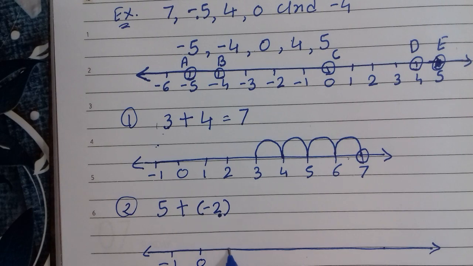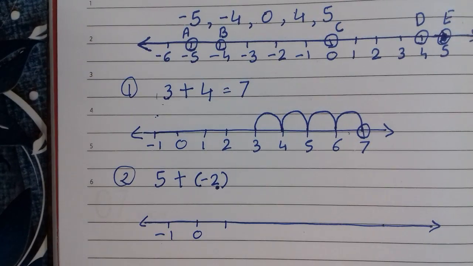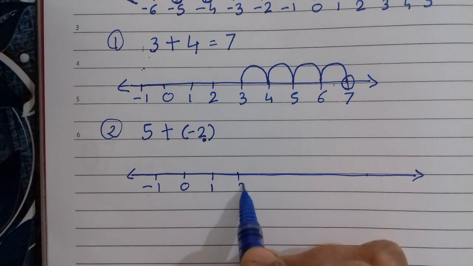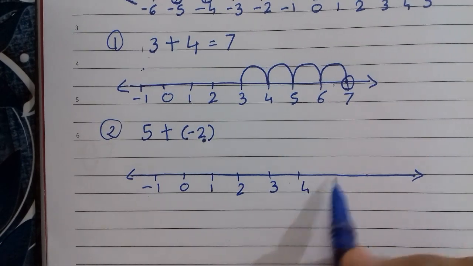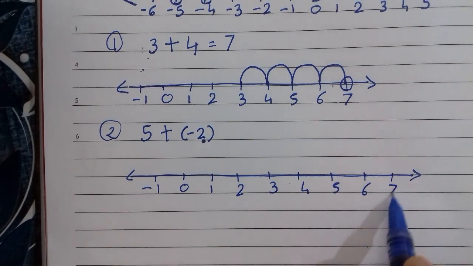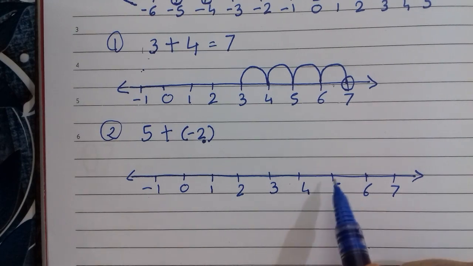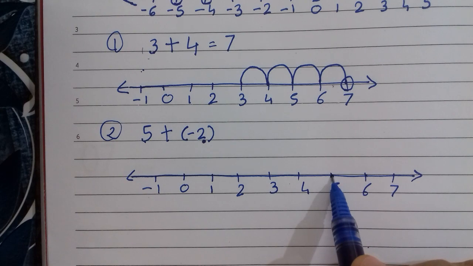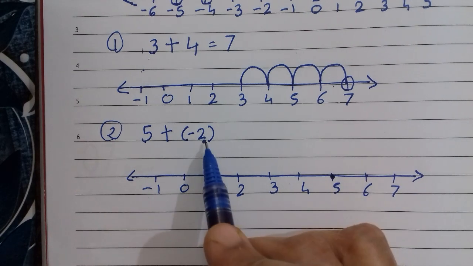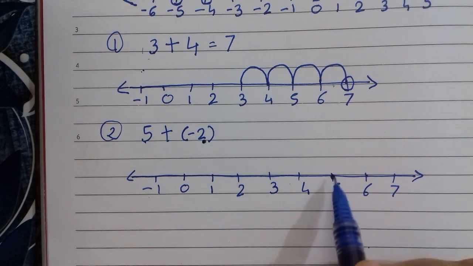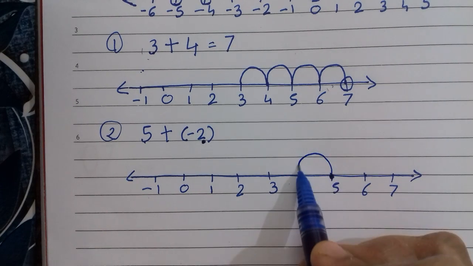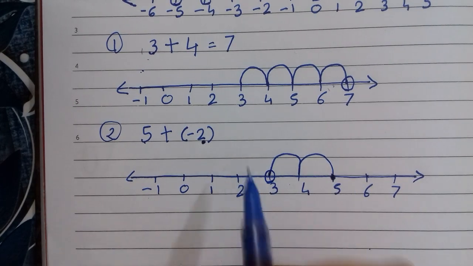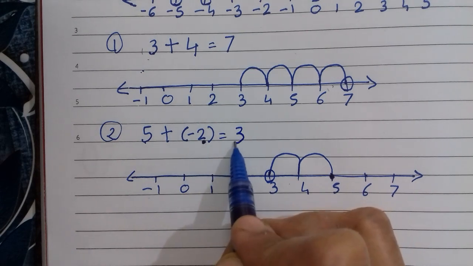Minus 1, 0, 1, 2, 3, 4, 5, 6, 7. Here is the first integer 5. Move 2 steps left from 5. First, second. So the answer is 3.